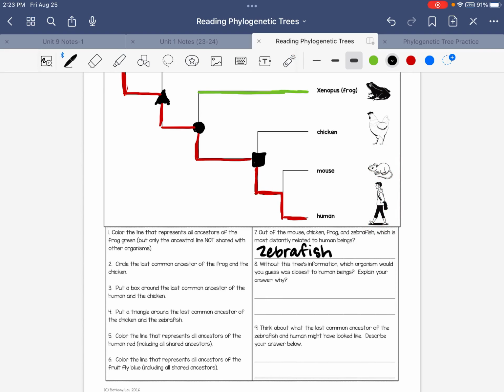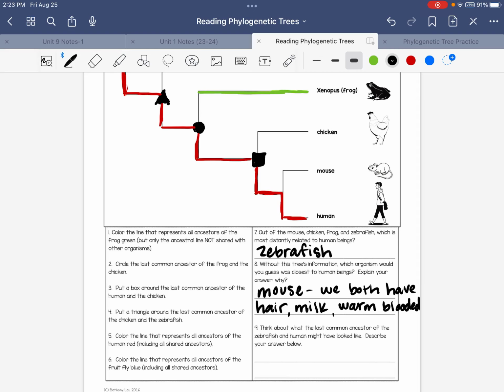So we'll say the mouse and why. Say we both have hair. You could even say we produce milk. That's characteristic of mammals. And we're warm-blooded. Those are just some examples. You could include other ones if you can think of them as well.